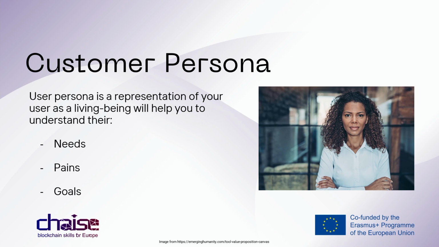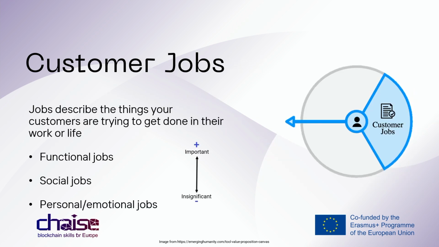So let us now assume that we have a user persona, like this lady who wants to transfer money in a simple and cheap way. We then explore what are the customer jobs they are doing.